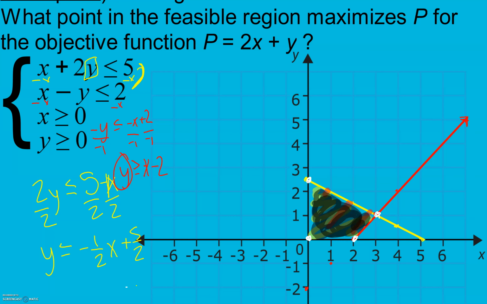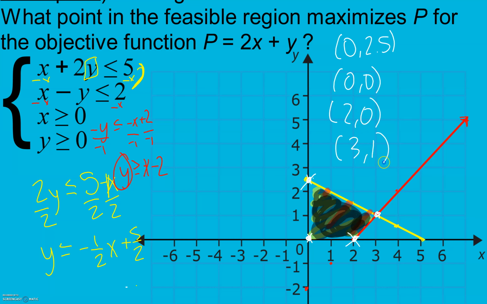So my points here are (0, 2.5), (0, 0), (2, 0), and (3, 1). Those are all of my vertices, and my maximum or minimum has to happen at one of those points. So I take those points and plug them into my objective function here for profit.